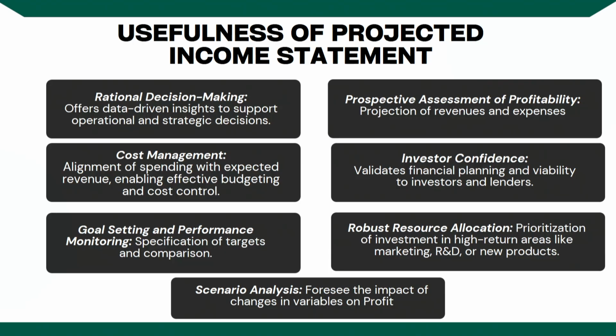Moving further, it leads to cost management, alignment of spending with expected revenue, enabling effective budgeting and cost control. Now, we all know that in a business, whatever we spend, whatever activity we are going to take up, we consider in what way it is going to contribute towards the business.